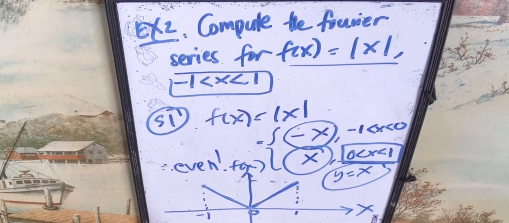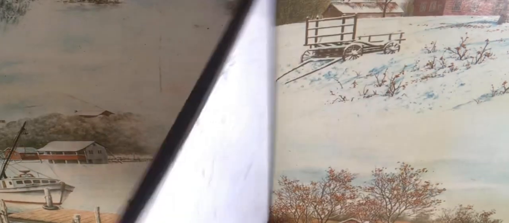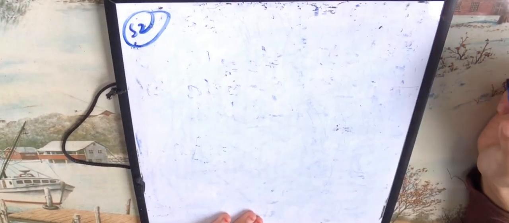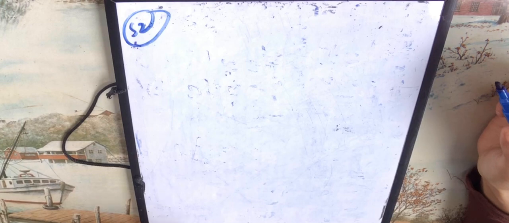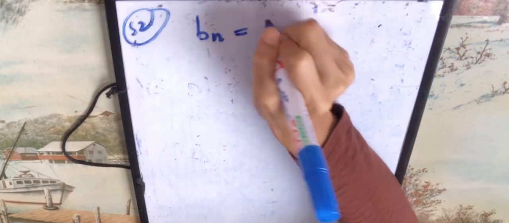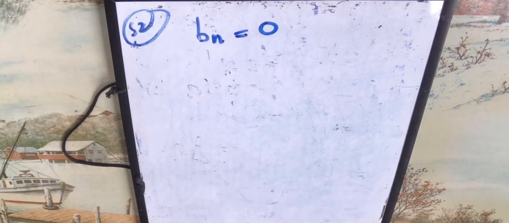Then we proceed to step number 2. Like I said before, after we know that the function is odd or even, we look at the Fourier coefficients. We have a0, we have an, and we have bn. Since this is even, your bn will be 0.